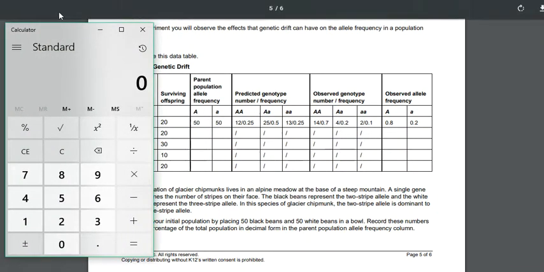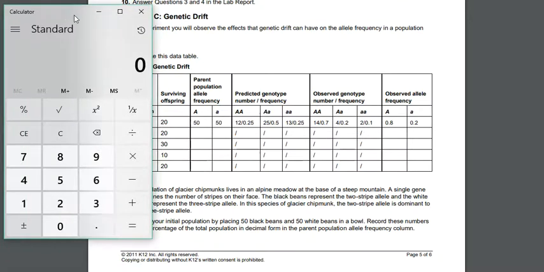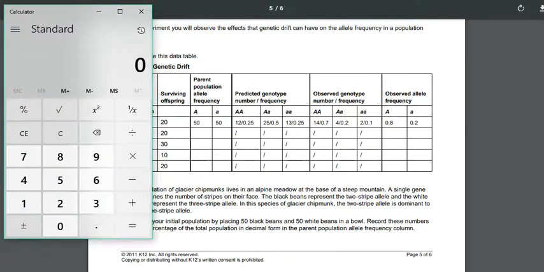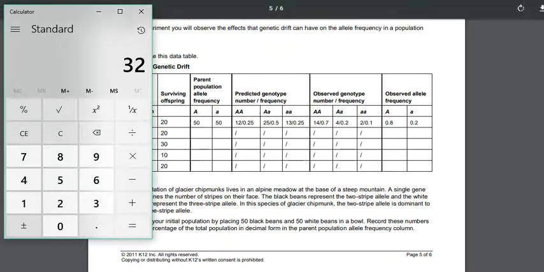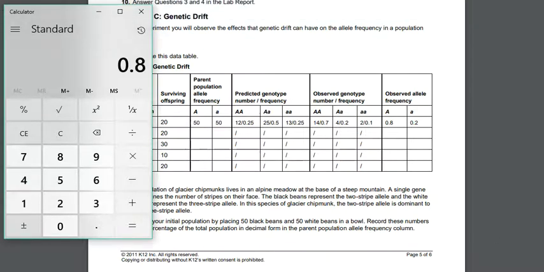The equation says we're going to take 2 times our homozygous dominant genotype, how many we got, so that's 14, 2 times 14, and we're going to add that to the number of heterozygous, which is 4, and we're going to divide by the total number of alleles. Remember, only 20 chipmunks survived. Each chipmunk has 2 alleles, so 20 times 2 is 40. We're going to divide by 40. And that's how we got 0.8 for the homozygous dominant allele.